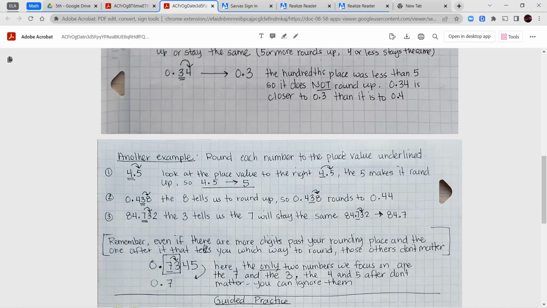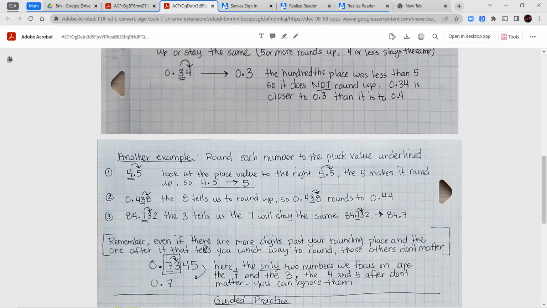For my second example, I have 0 and 438 thousandths, and I need to round my hundredths place. So my hundredths place number is a 3. And in order to decide which way that 3 is going to go, I need to look at my thousandths place, the place value immediately to the right. My thousandths place has an 8.